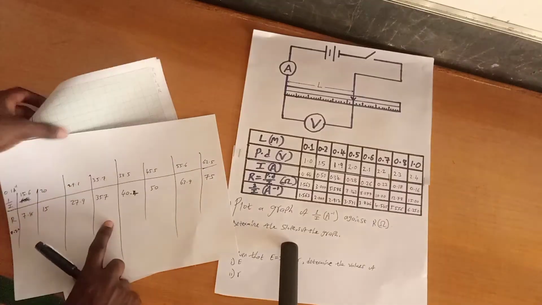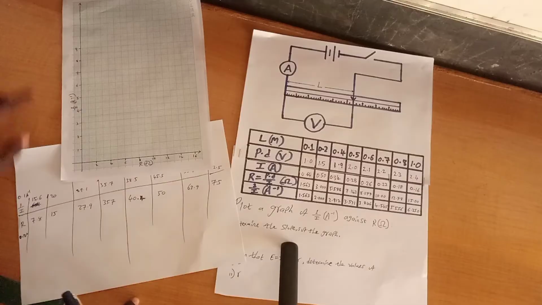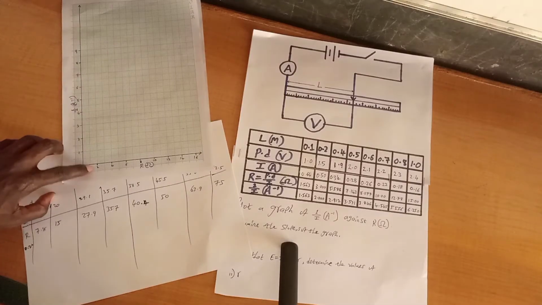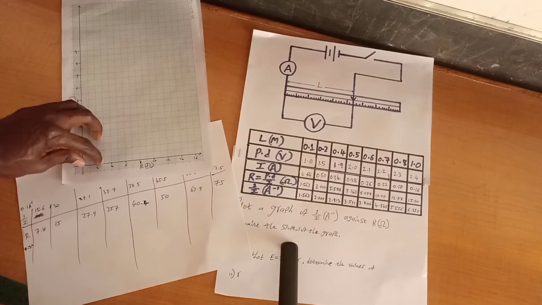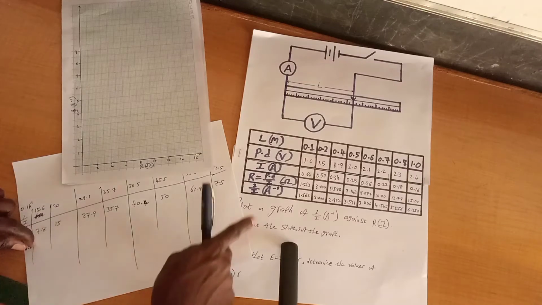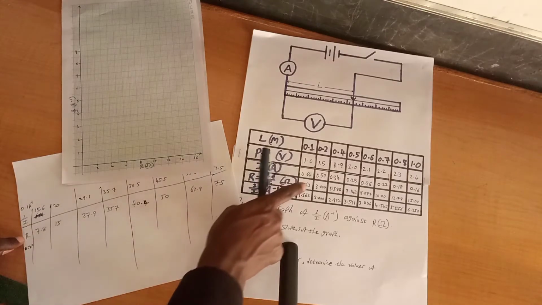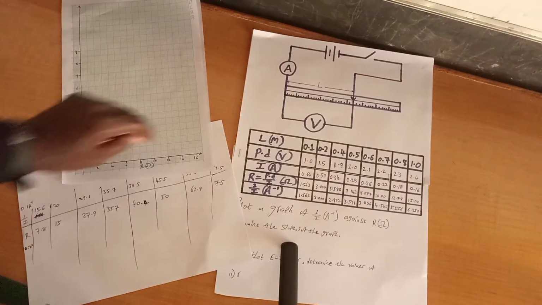It's good to understand that we are basing on our accuracy here, because we are saying 10 divisions is 2, so each division is 0.2. That's why for each value of resistance we divide by 0.2 to know how many small divisions there will be.